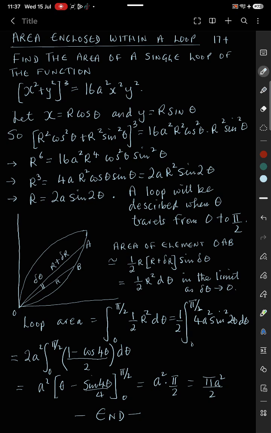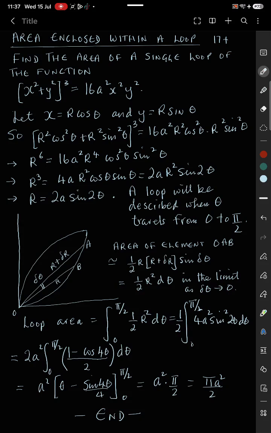And now square rooting that, we get r cubed equals 4a r squared cos theta sine theta, which equals 2a r squared sine 2 theta. And so r is equal to 2a sine 2 theta.